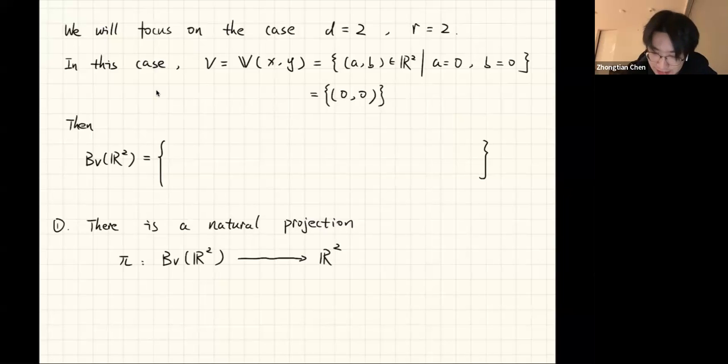Now we focus on the case D equal to 2 and R equal to 2, which means the center will just be the origin. By our definition, the blow up of two-dimensional affine space with center origin is this set. First coordinate, you take a point in the affine plane, and the second coordinate parameterizes things in P1.